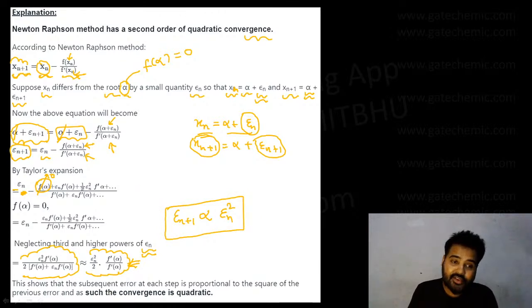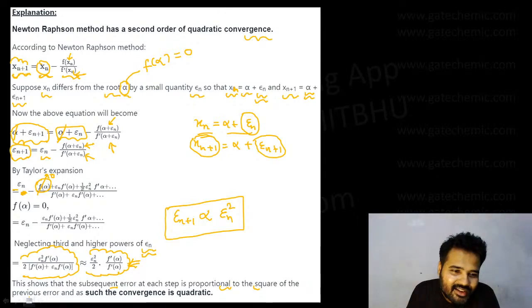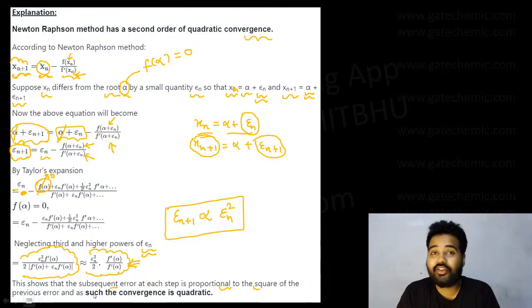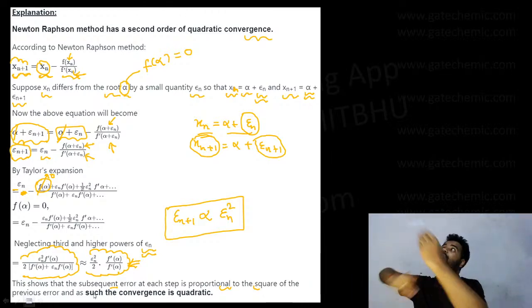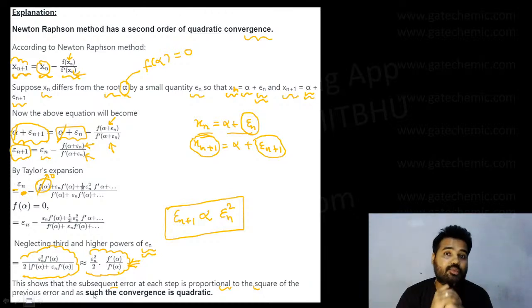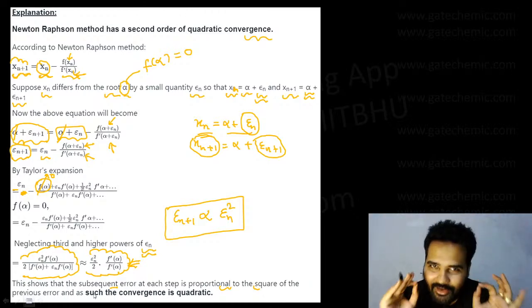That means in each and every subsequent step you get a new error that is proportional to the square of the previous error. And because error is already very small, much less than 1, squaring makes it smaller. See how fast your error is vanishing. So this is the meaning of convergence, that you are converging towards the real value.